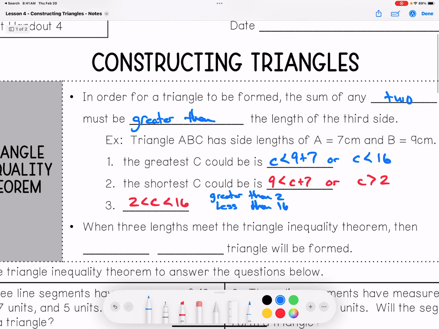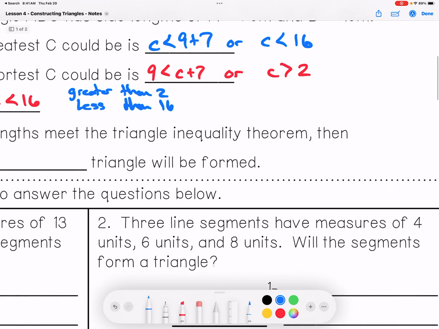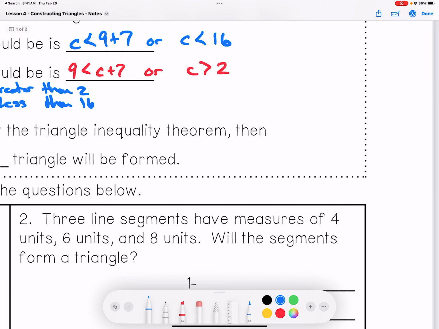And the reason is, if I had a triangle that was 2, 3, and this one was only 2. It would never reach back to the other side. Okay? If it was 4, it never, because think about it like a street.